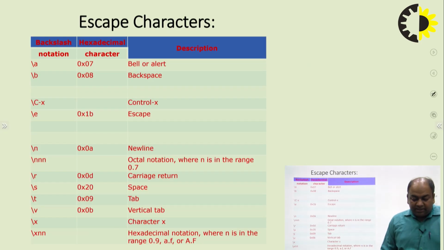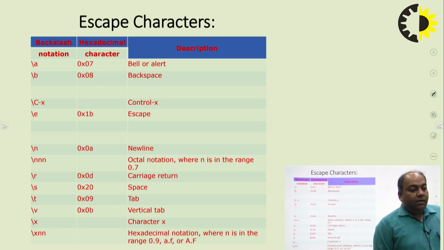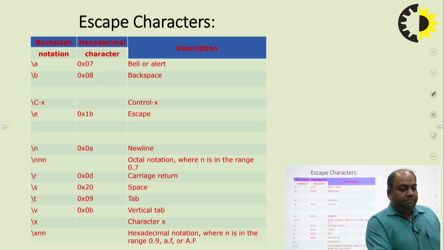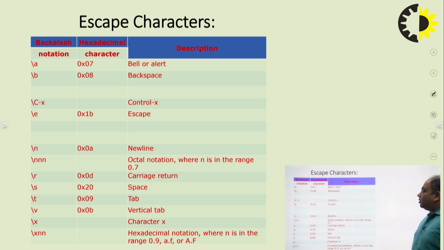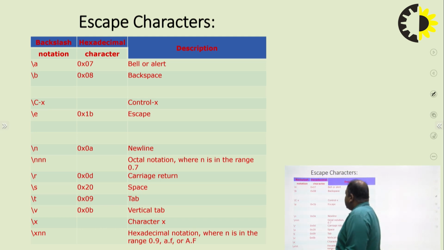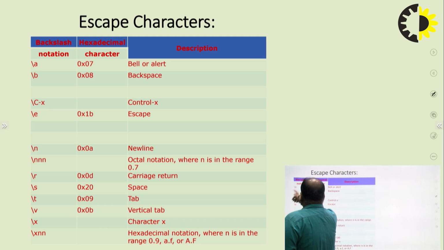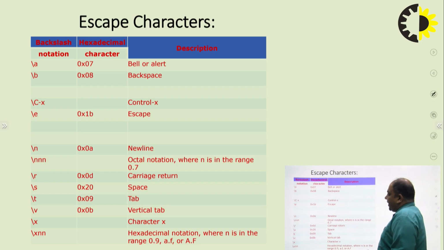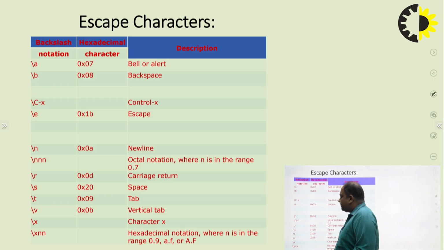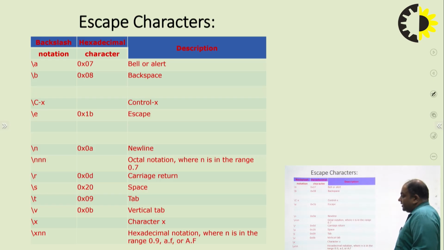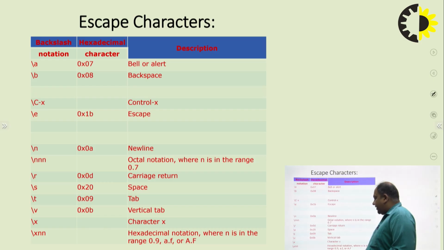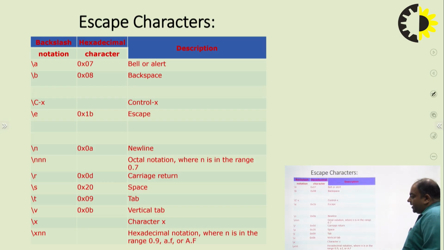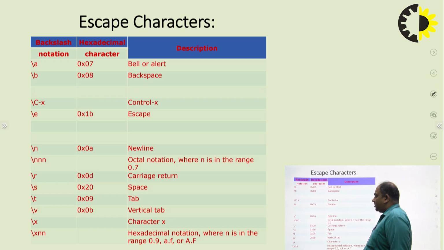There are some escape characters which I need to define in Python. These are their hexadecimal notations. Backslash a is alert, backslash b is backspace, backslash e is escape, backslash n is new line, backslash r is return, backslash s is space, backslash t is tab, backslash x is character x, and backslash xnn is hexadecimal notation.